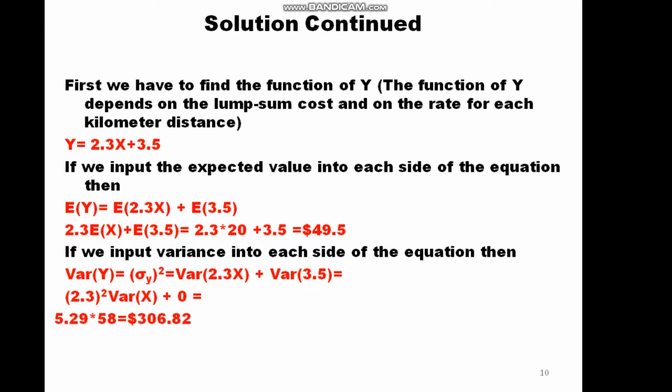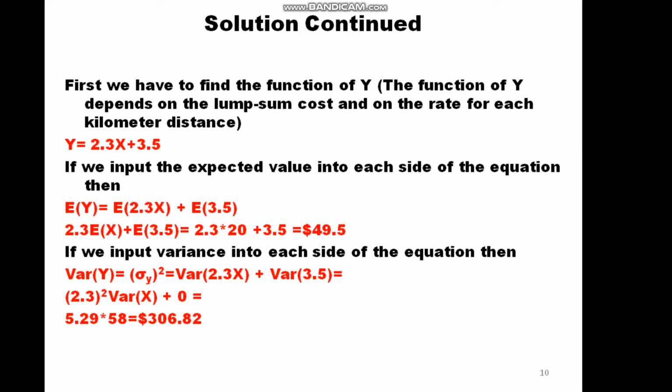Then that will equal 5.29 multiplied by 58, which equals $306.82. This is the variance.